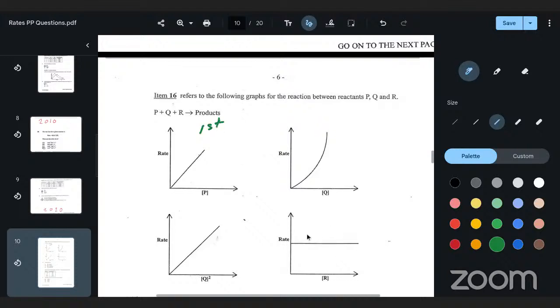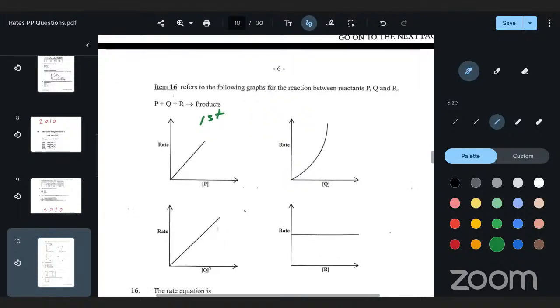For zero order, rate is not affected by changes in concentration, so you will not see an increase. And we know that this one is second order, right? However, how would you interpret why do you think this one is a straight line?